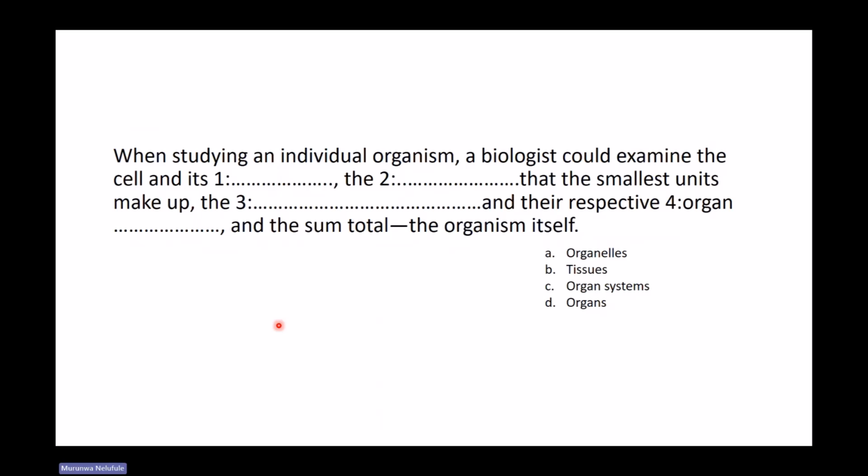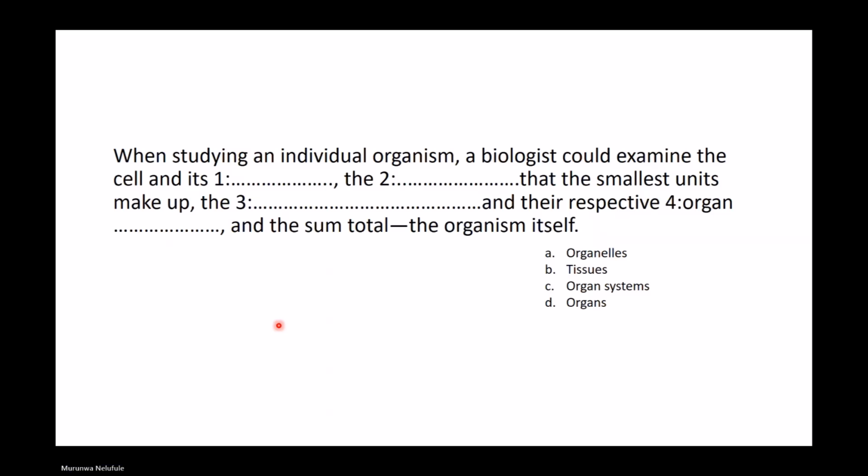Then again, a similar question. When studying an individual organism, a biologist could examine their cell and its number one, the tissues that the smallest units make up, number three, their respective organ systems, and number four, the sum total of the organism itself. Let's talk, guys. So this is my answer.